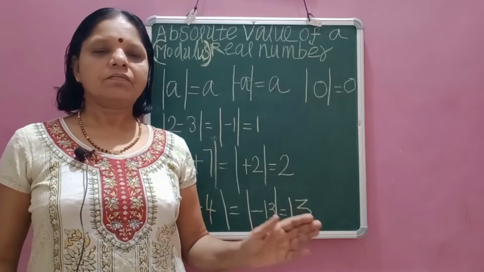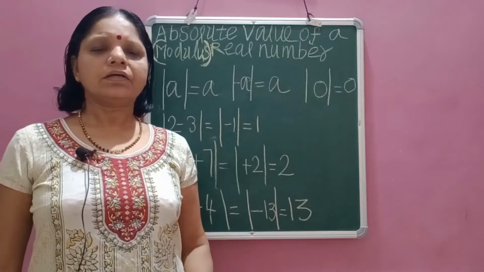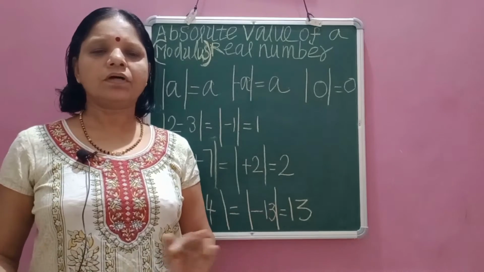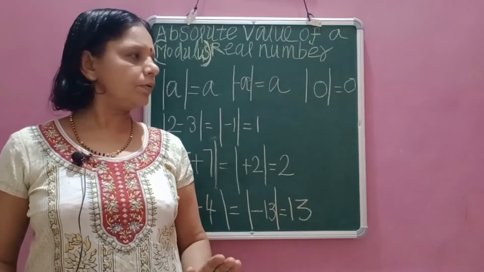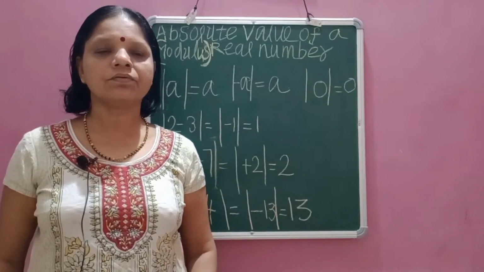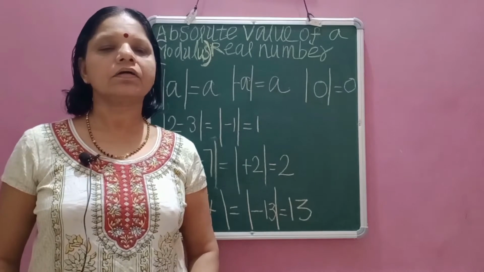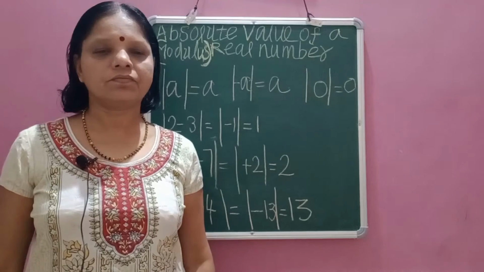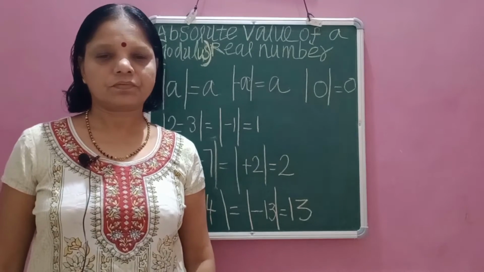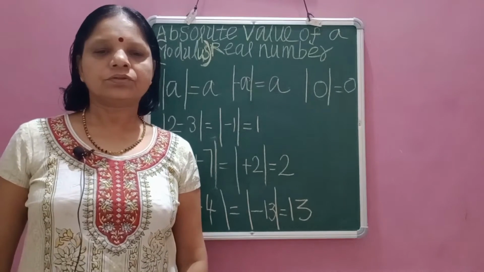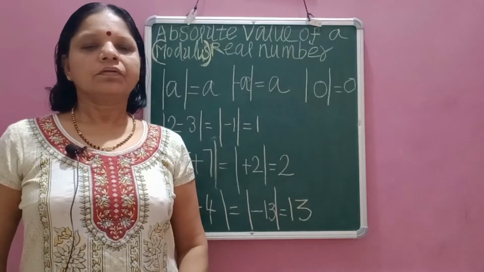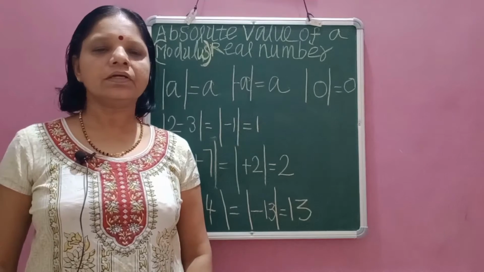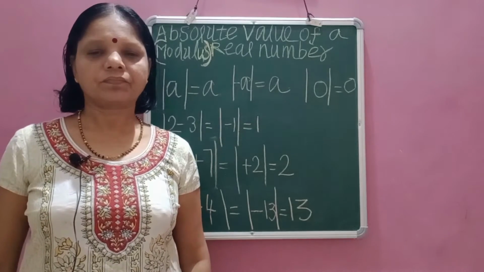plus 7 and minus 7. But it has been seen that the number having both the values are at equal distance from the origin, from 0. So their value is same.